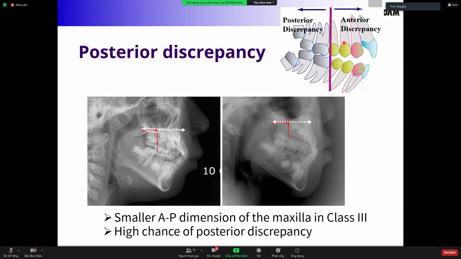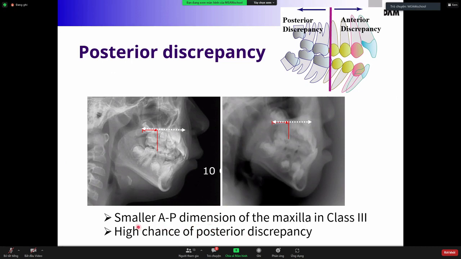This is the anterior discrepancy. This is the posterior discrepancy. The posterior discrepancy is measured from the proximal medial surface of the upper first molar, and then we want to check that this is PNS.